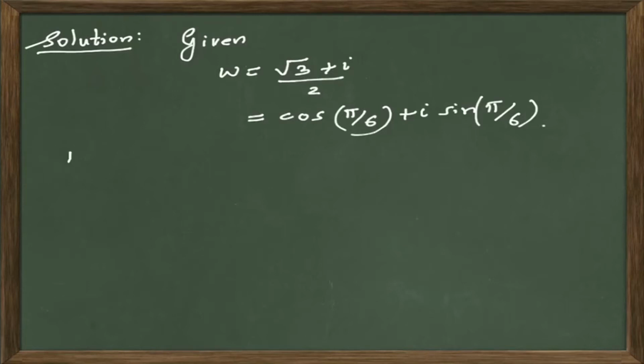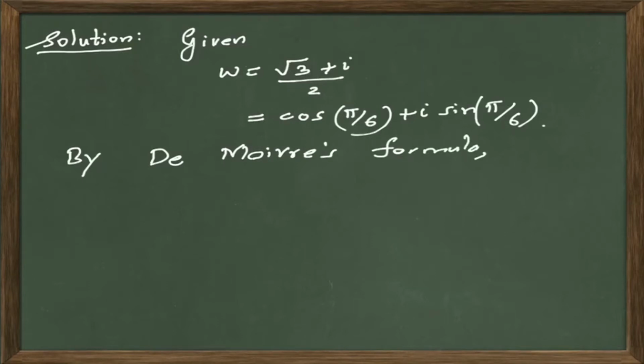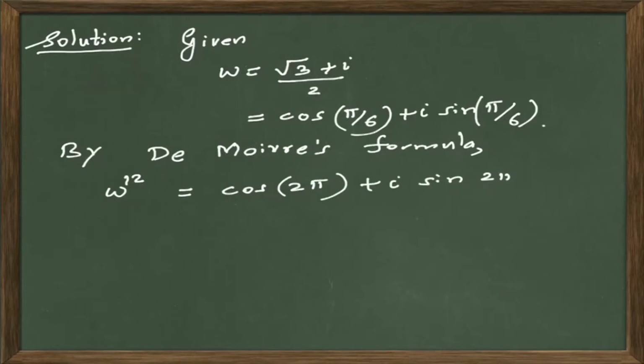By de Moivre's formula, we have omega to the power 12 is equal to cos 2 pi plus i sin 2 pi, which turns out to be equal to 1.